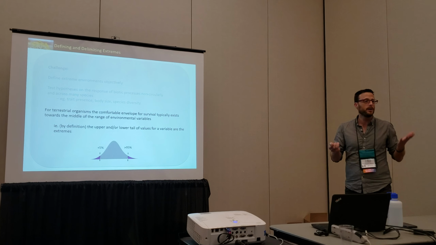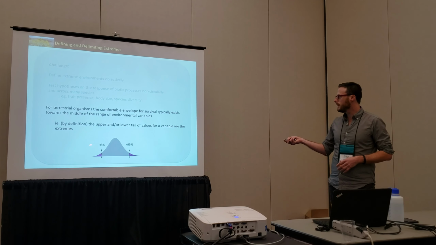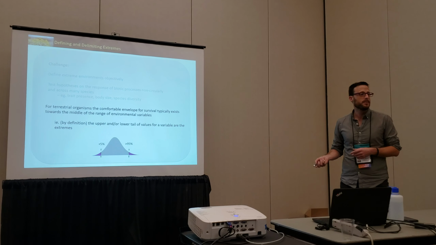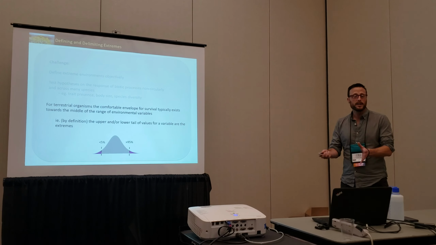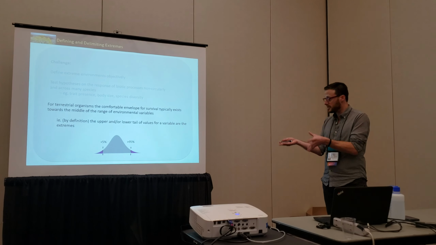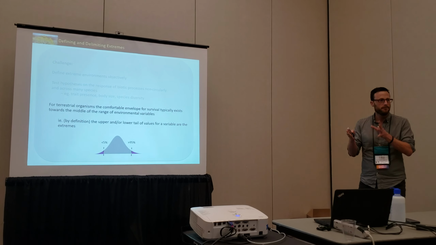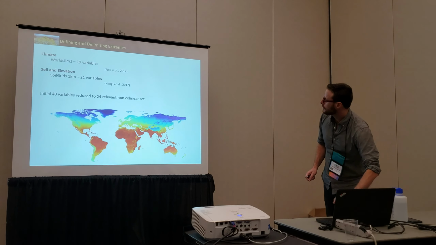And so we just took a very straightforward a priori decision that we would classify the bottom 5% and above the top, the 95%, as being extreme for all the variables that we were going to consider. So we understand that that is an a priori and is not necessarily based on anything particularly biological, but that gives us this a priori flat standard that we can look at for all our variables.